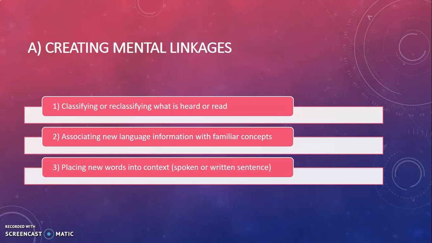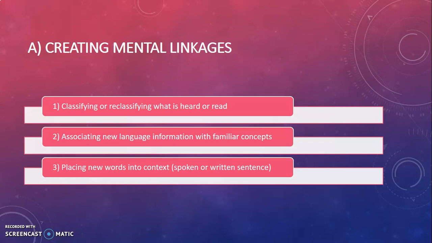The third one is placing new words into context, including spoken or written sentences. So this includes placing the new words or expressions that the students have heard or read into a meaningful context, such as the spoken or written sentence. It is a way of remembering it.